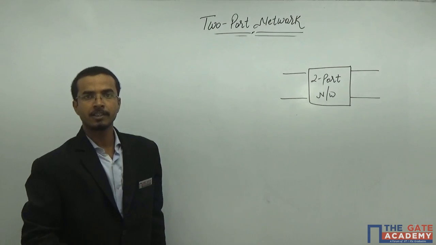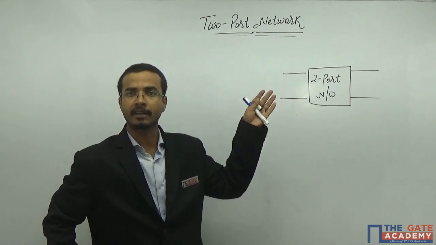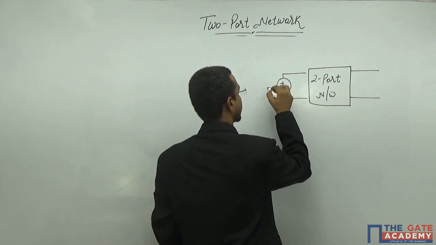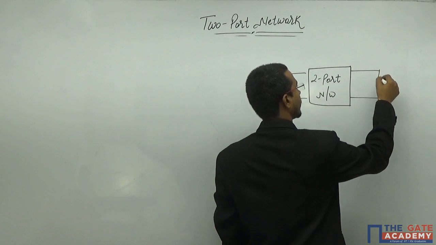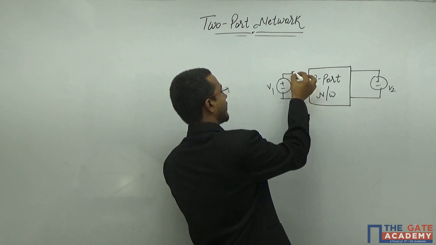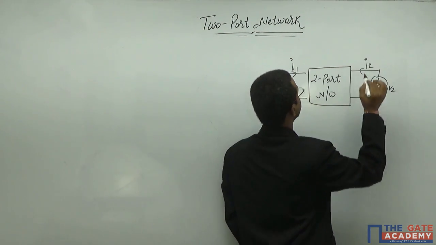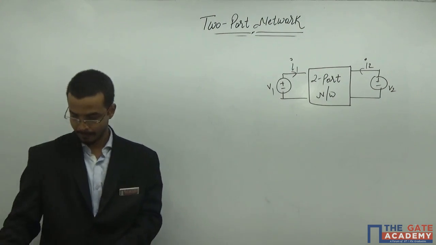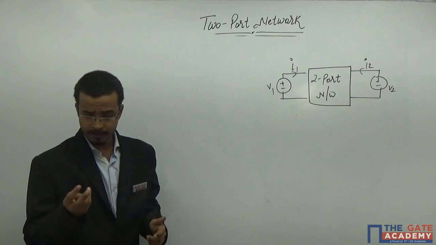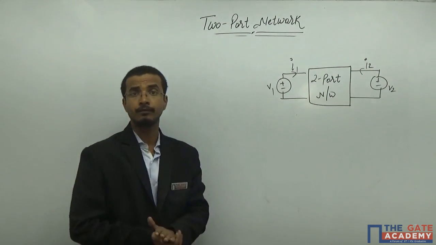Now, in this particular case, I will apply the voltage source on both the sides and I will try to measure the current. V1 and V2. And I will assume that the current is I1 through this particular and I2 is this particular. Now again, my responses are I1 and I2, my excitations are V1 and V2.